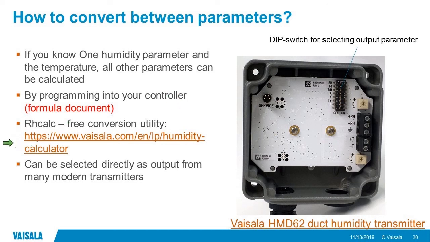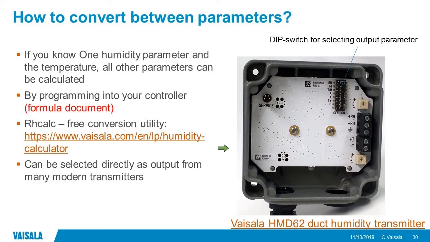Another way to do, let's say, set point conversions or such things is to use a free online conversion utility that we are offering. That's actually on next page, a view of what you can do with that. But crucially, if you're doing actual control, quite many modern humidity transmitters can provide you also with other humidity parameters, not just relative humidity.